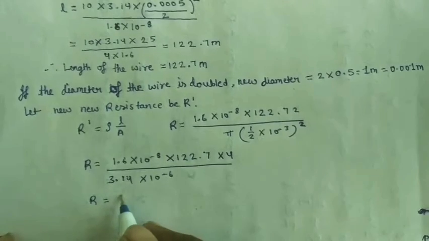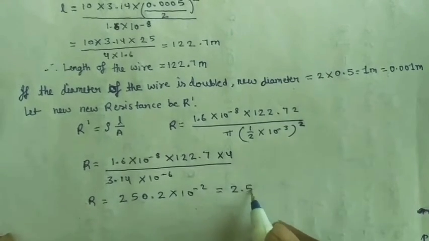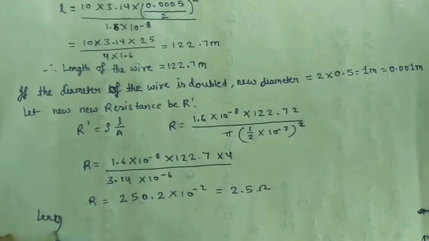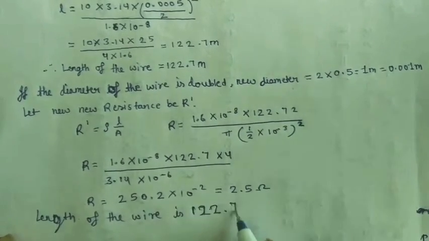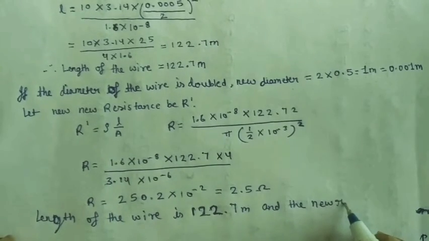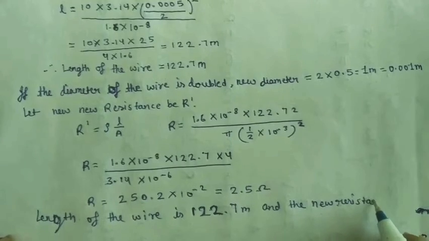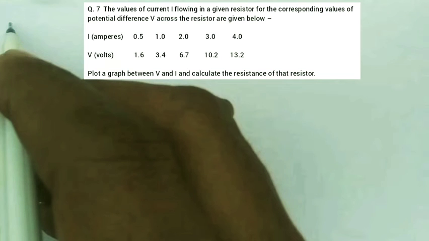R is equal to 250.2 into 10 to the power minus 2 is equal to 2.5 ohm. Length of the wire is 122.7 meter and the new resistance is 2.5 ohm. Question number 7.